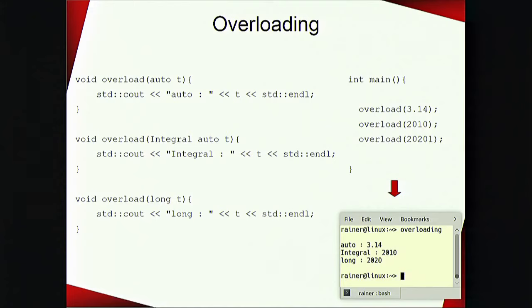In case of float, this one will not work, this one will not work, it will go with the general one. In case of int, this one will work, so it uses this version. In case of long int, this should be an L, it goes to the long case.